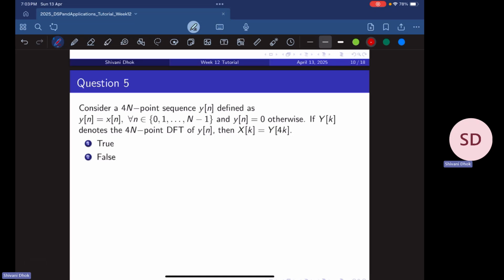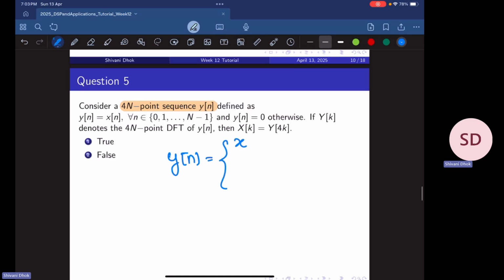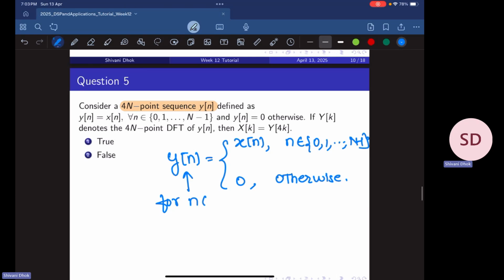Here it says, consider a 4N point sequence y of n. We have a 4N point sequence y of n defined as y of n equal to x of n for n in the range of 0, 1 and so on till N minus 1, and it is 0 otherwise. This y of n is valid for n in the range of 0, 1 and so on till 4N minus 1.